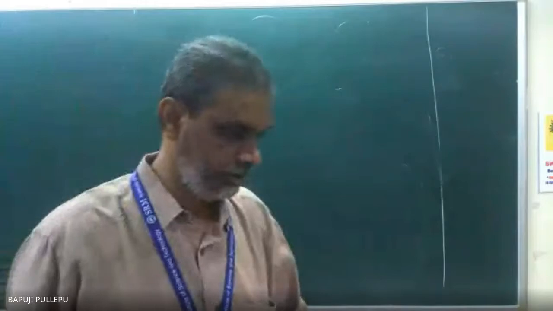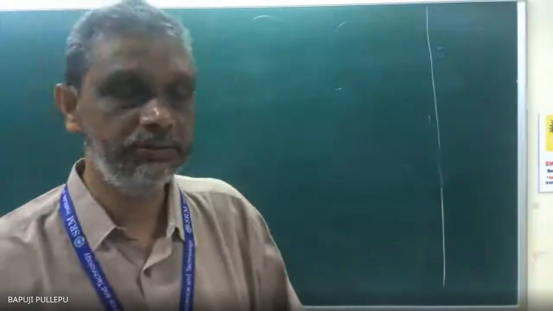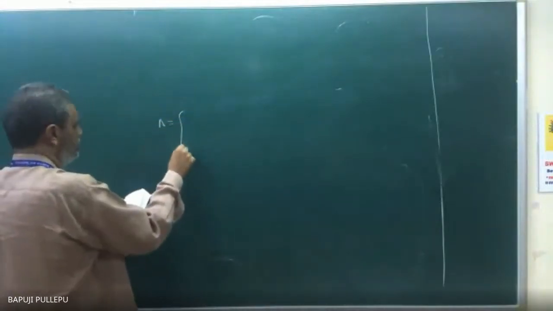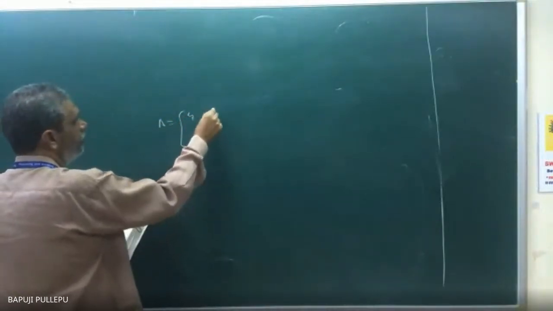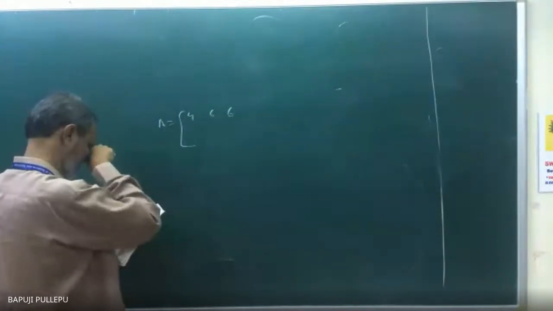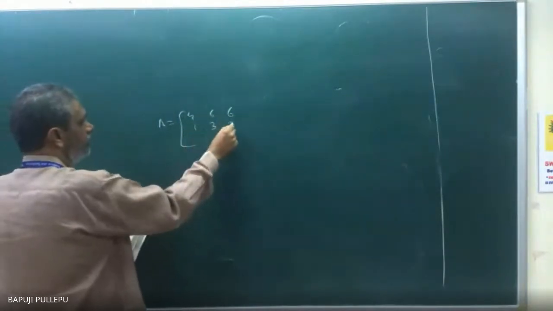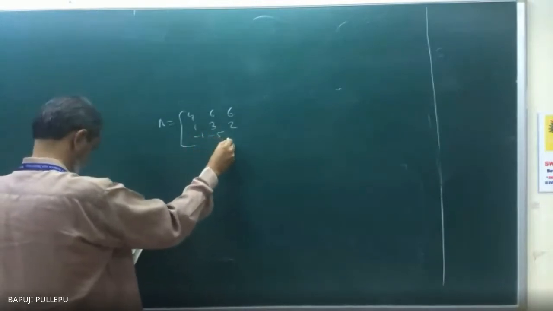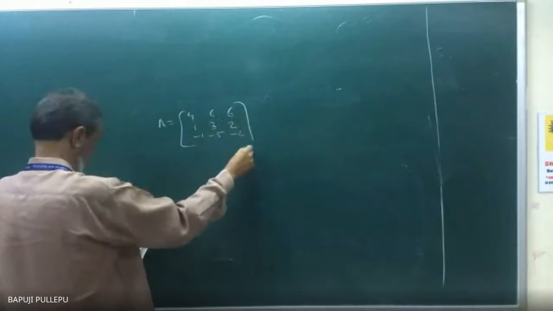Two eigenvalues of A are equal to... 4, 6, 6, 1, 3, 2, minus 1, minus 5, minus 2.